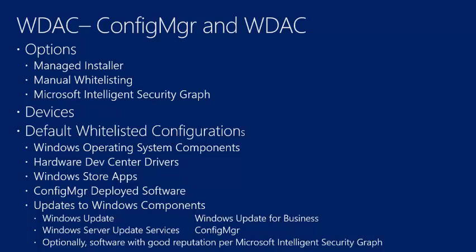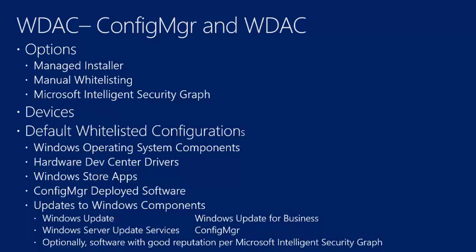For this policy, you're going to target it to devices, and that's going to be your only choice, so this will be device centric. Whenever you target it to a collection, it will need to be devices, Windows 10 or Server 2016 or better. And then also at the bottom, when you deploy an application control policy created by Config Manager, there will be certain things that Config Manager whitelists by default for being allowed to run on the device.